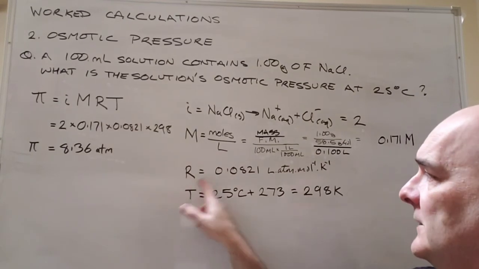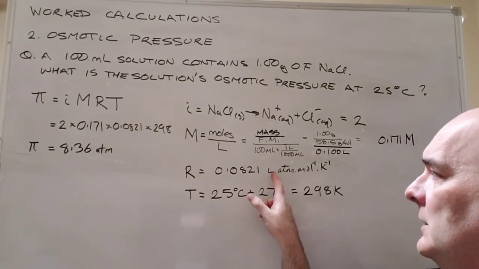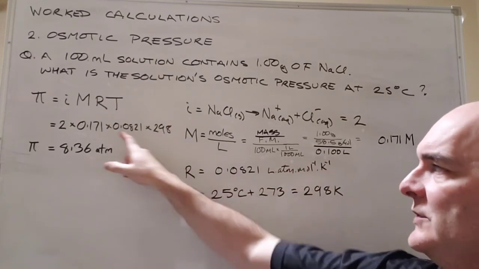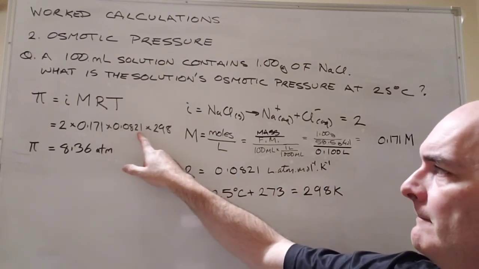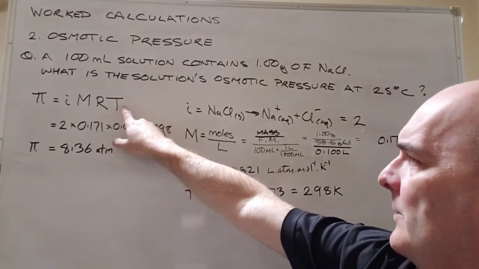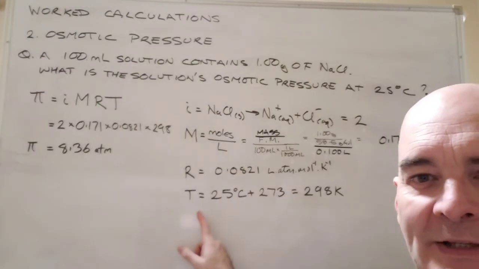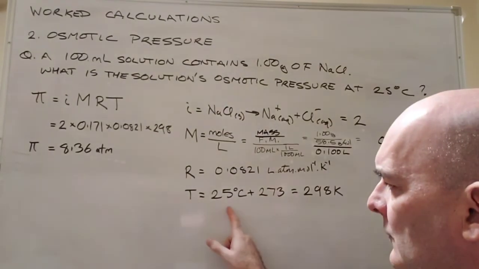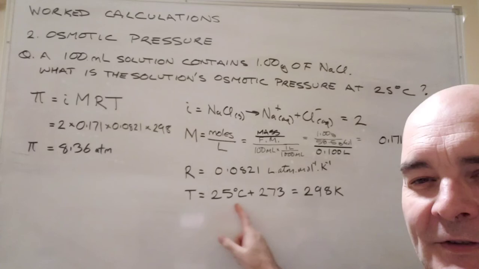R is a constant, it's the universal gas constant, and in litres atmospheres per mole per Kelvin, that value is 0.0821. And then that just leaves me temperature, but temperature needs to be expressed in Kelvin in absolute terms. Room temperature is 25 degrees Celsius.